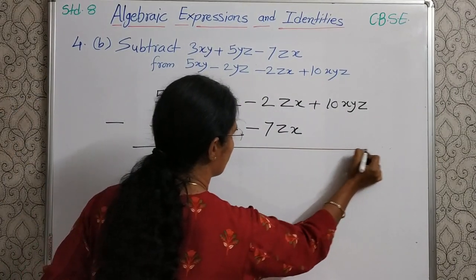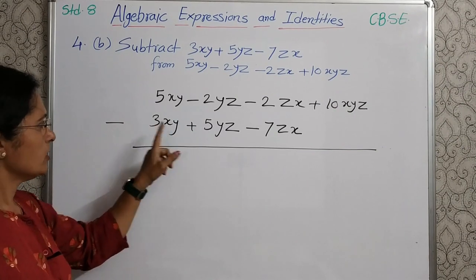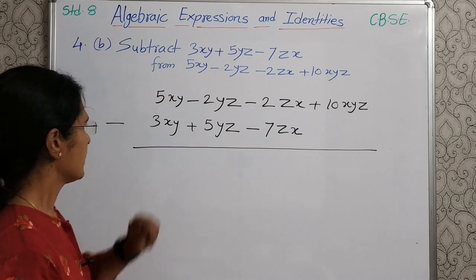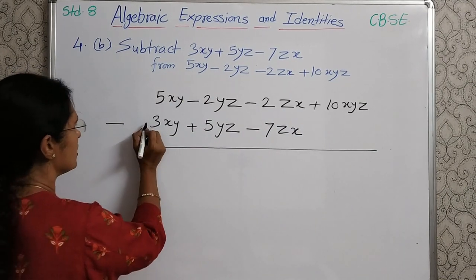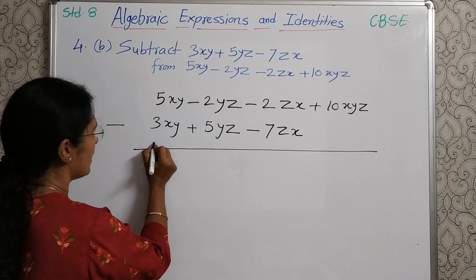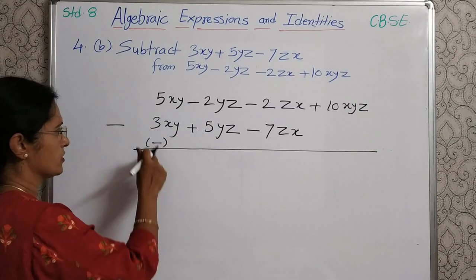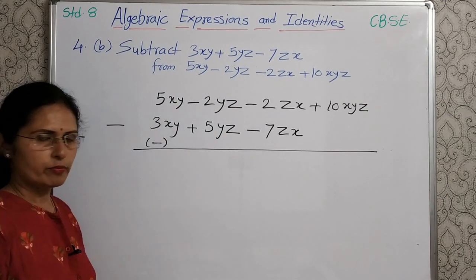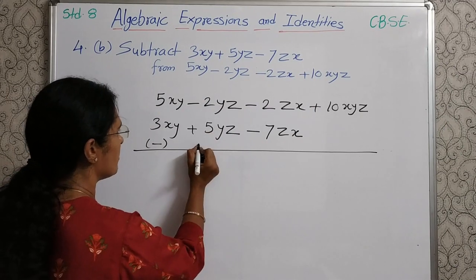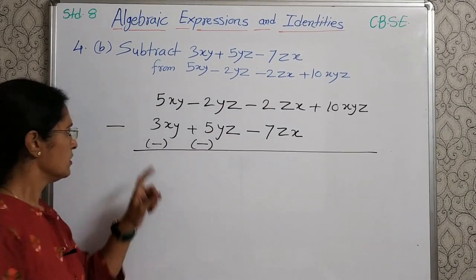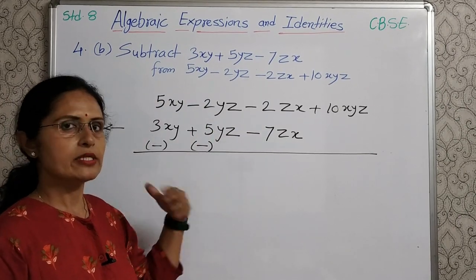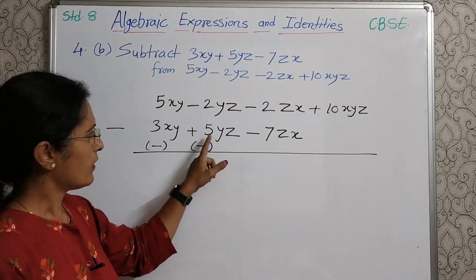Now for subtraction we'll change all the signs of these terms from the second expression. So here it is positive 3xy. Subtracting positive 3xy means adding negative 3xy. So this plus 3xy will become negative 3xy. Plus 5yz will become minus 5yz. Subtracting positive 5yz means adding negative 5yz.